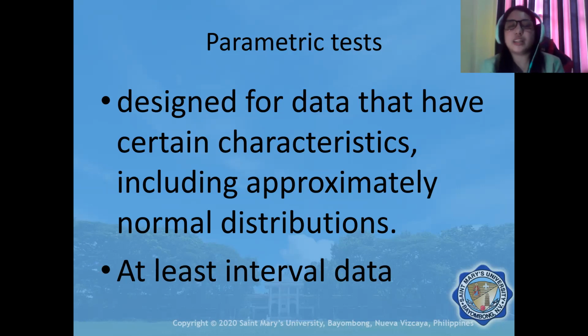If your data is at least interval, you need to check if you can use a parametric test. This is just an initial assessment because, as mentioned, you also have to consider what your question is all about. So check if your data is at least interval, and then also check if your data is normally distributed or not. We have more assumptions in parametric tests compared with non-parametric tests.